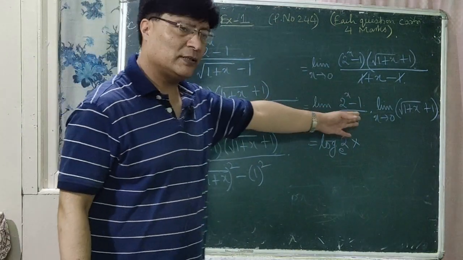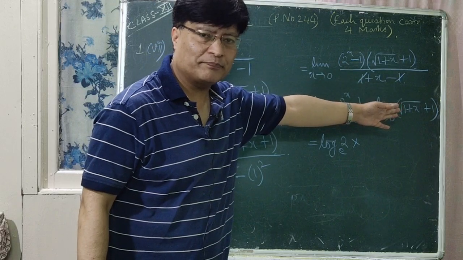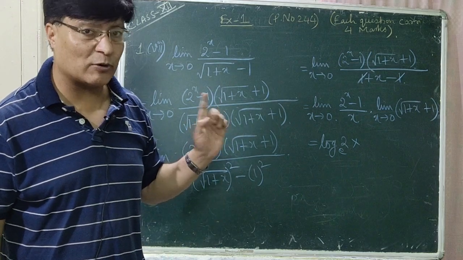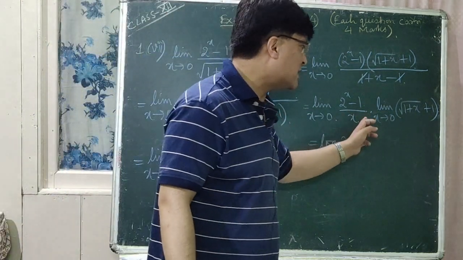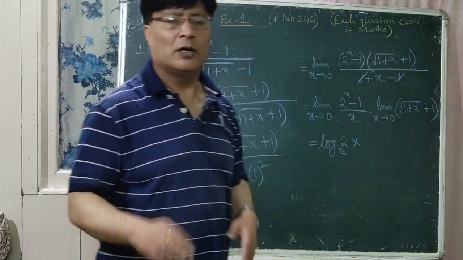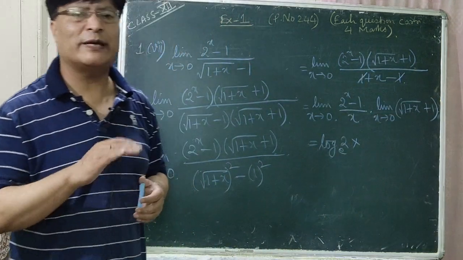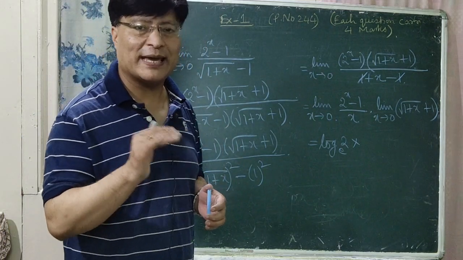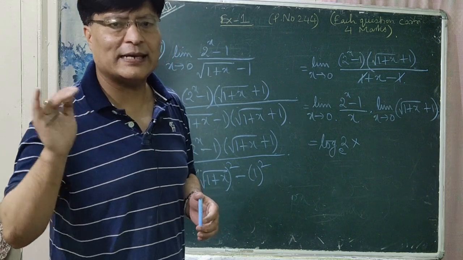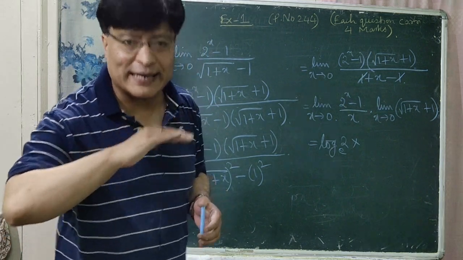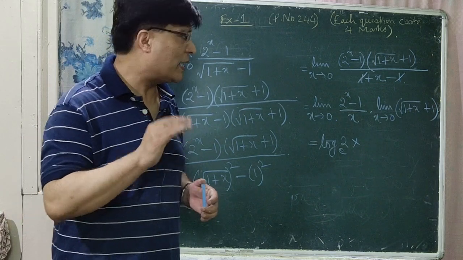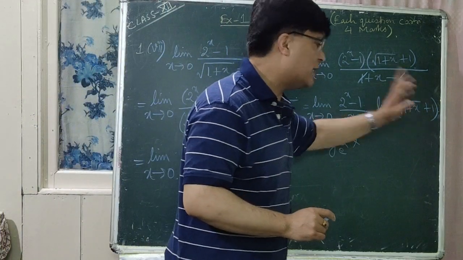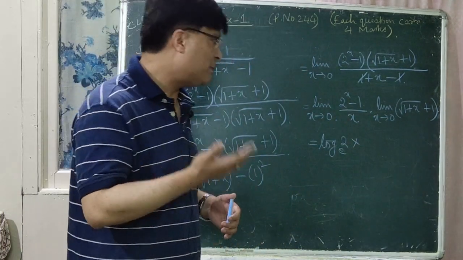Now you can put x is equal to 0 out here, but actually x is not exactly equal to 0 in this case. I told you about this limit, isn't it? But x is approaching towards 0. X is approaching towards 0 means x may take values like 0.9, 0.99, 0.999, 0.9999, approximately it is tending towards 0.